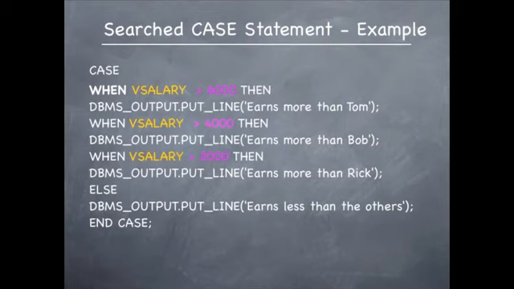If that condition is also not true, it continues with when vSalary greater than 2,000, then DBMS output line earns more than Rick. If none of the conditions are true, the else is executed, which would display earns less than the others. The case is terminated by end case.